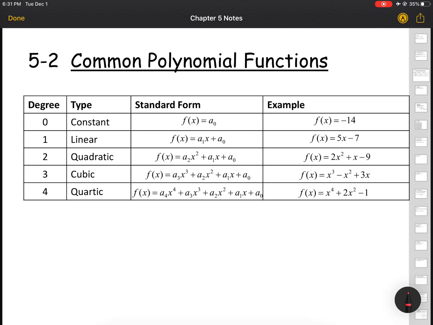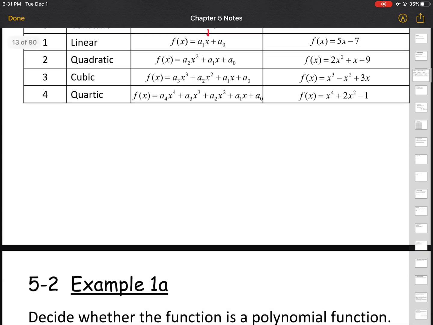So the constants have no variable attached to them. For example, negative 14 is just a constant line. A linear has a degree of 1, so only an exponent of 1. And then quadratics, we've seen, had exponents of 2s. That was the biggest degree we got. So cubics have degrees of 3, and then quartics have 4, and on and on and on. But these are the most common ones we see.